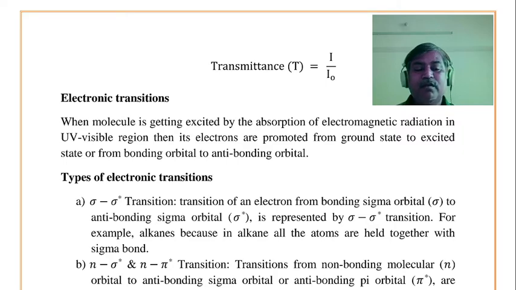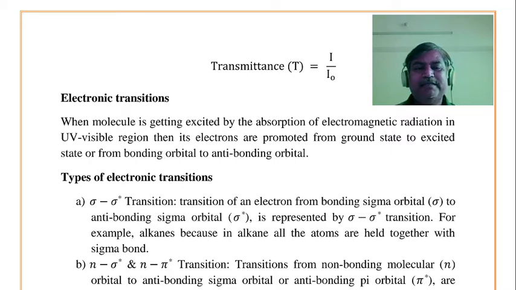Now, whenever any organic molecule is exposed to UV light radiation, in the range 200 nanometers to 800 nanometers, which type of energy level change takes place?